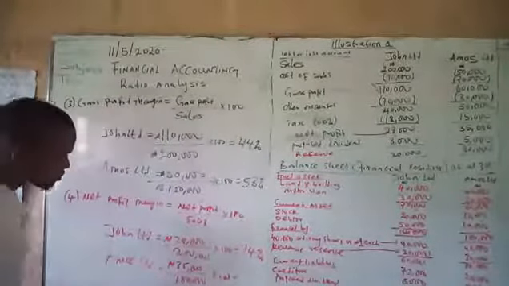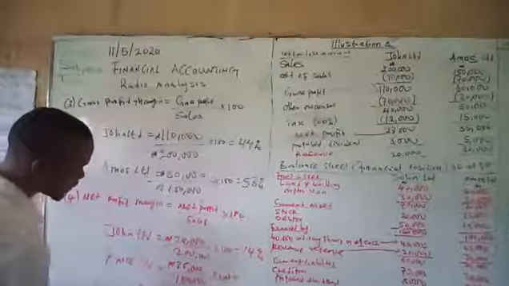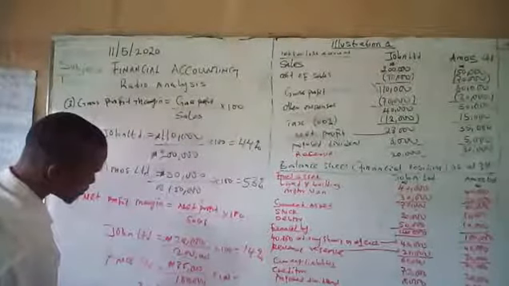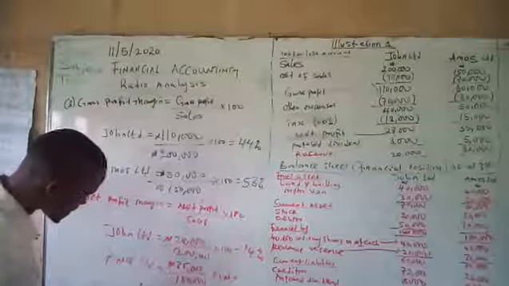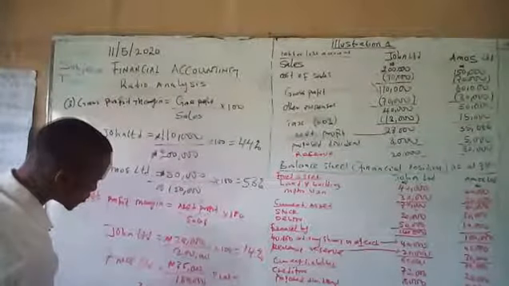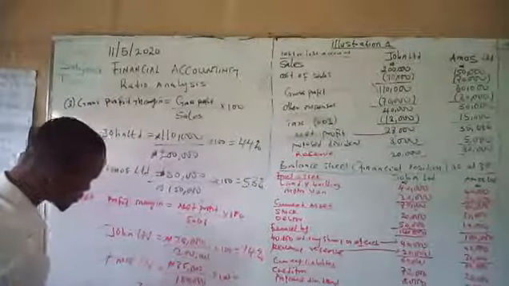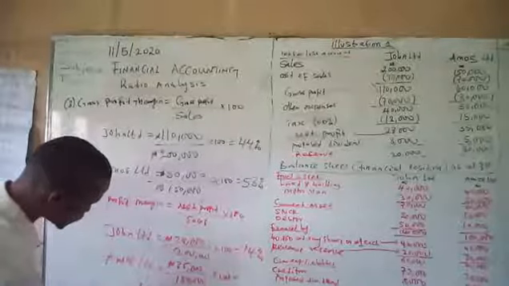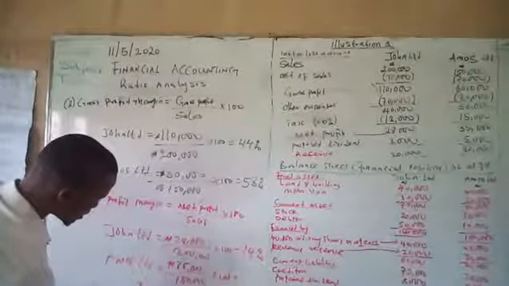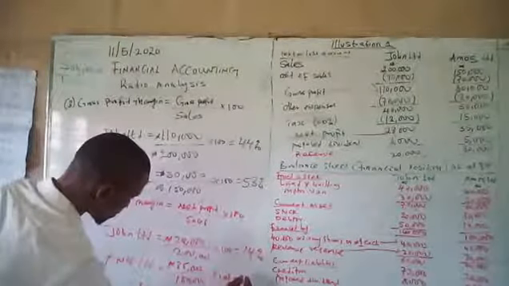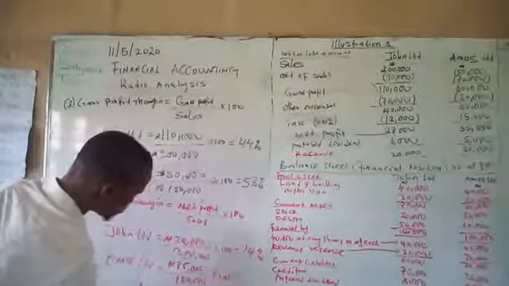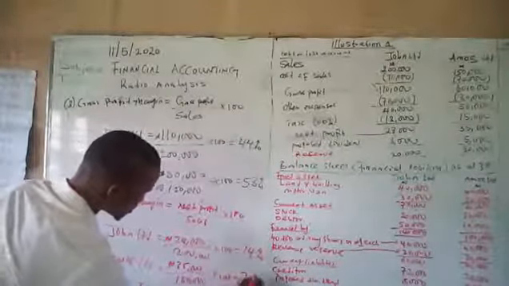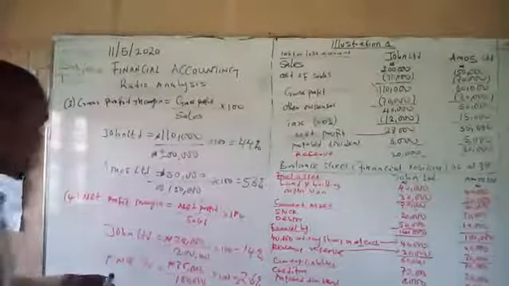Simplifying, we have 35 into 150, which gives 23.3%.